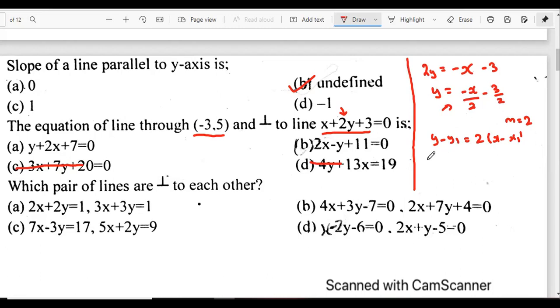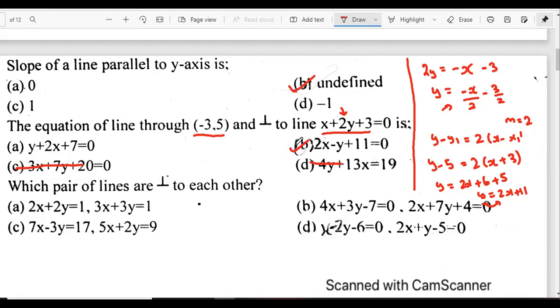Okay, now let's just plug in values. It would be y plus 3. And finally, I am going to get y equals to 2x plus 6 plus 5. And that is going to be y equals 2x plus 11, right? So this means that I can take this y to this side and I will get minus y. So the answer is B.